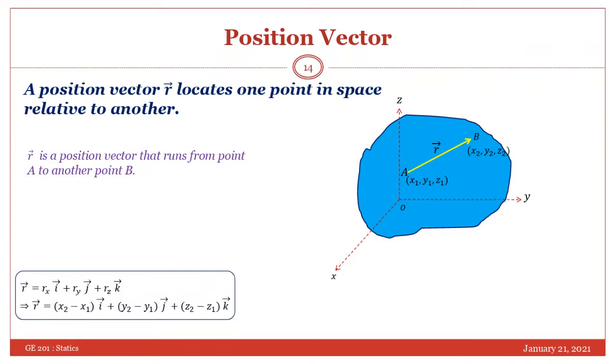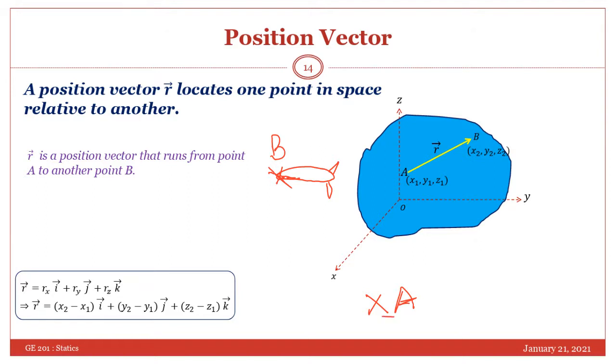For example, if an aircraft is flying in the air, and say you are standing here, so you are locating the location of the aircraft nose from your location.